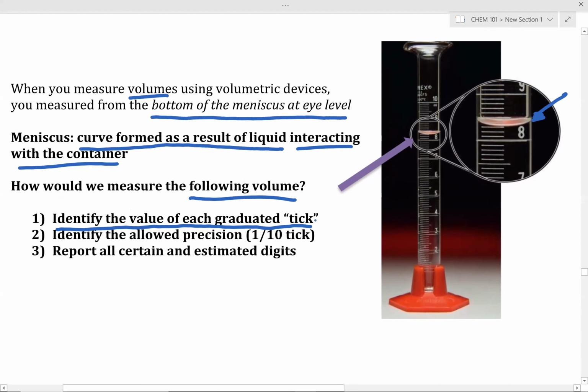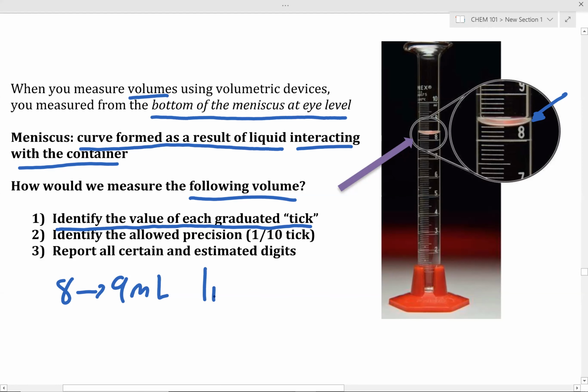Okay, so looking from 8 to 9 milliliters, what volume is between 8 and 9 mils? I mean, just like if I went from 8 mils to 9 mils, how many milliliters have I traversed? So what's 9 minus 8? 1.